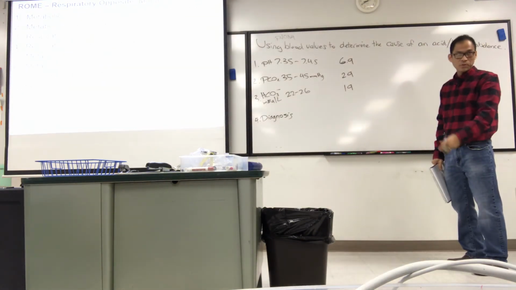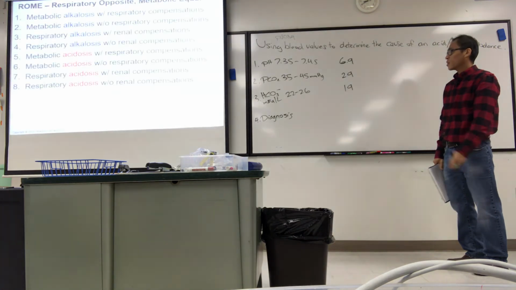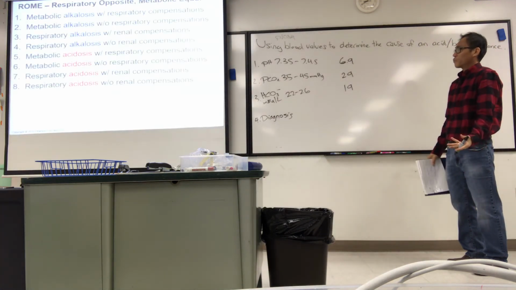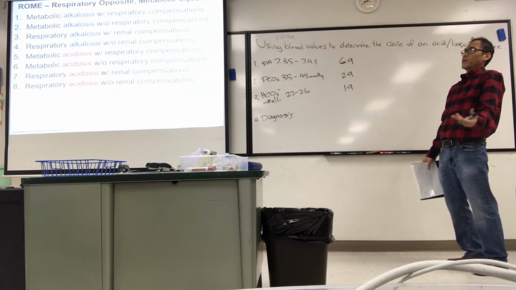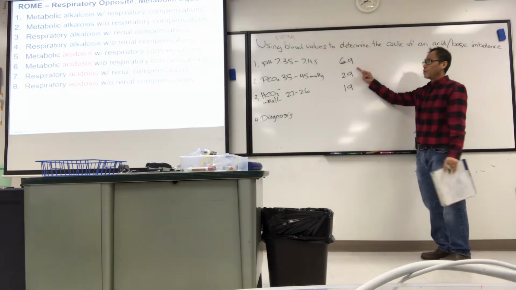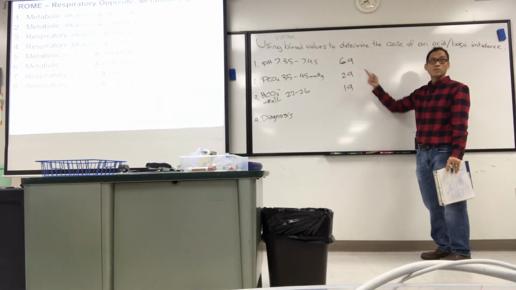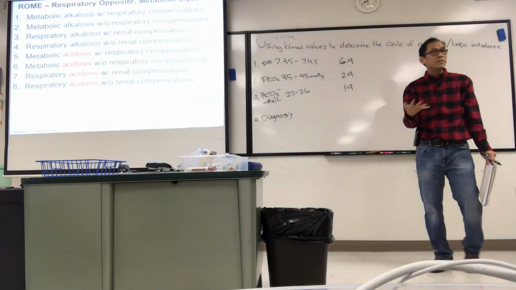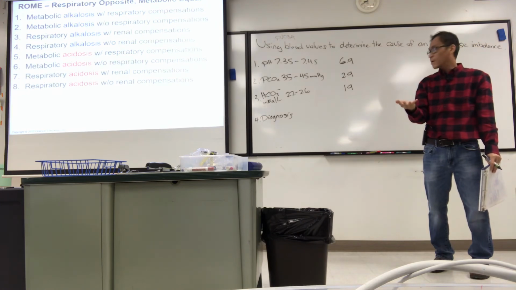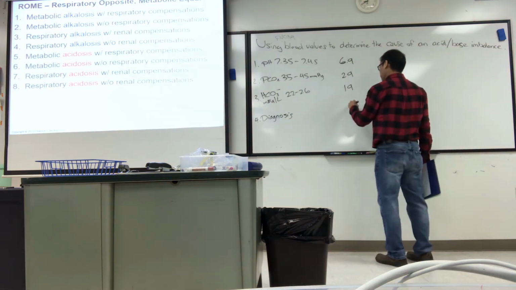That'll help you through as you solve problems. So let me do the first one with you. For example, 6.9, that's easy. Is that too high or too low? That's too low. Yeah. So immediately you can say, this is acidosis, right? I'll just write that in at the bottom.